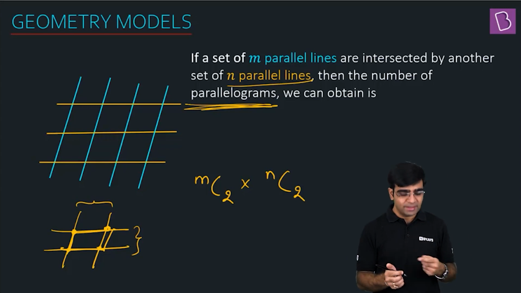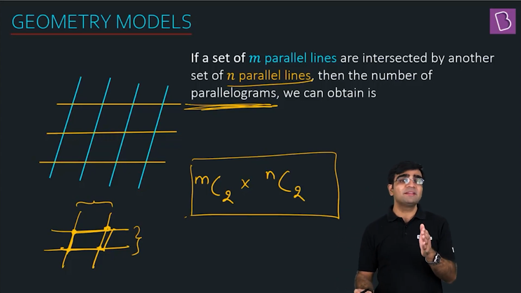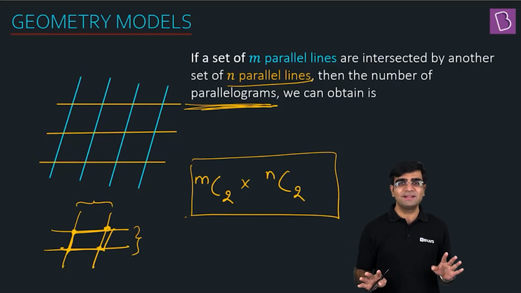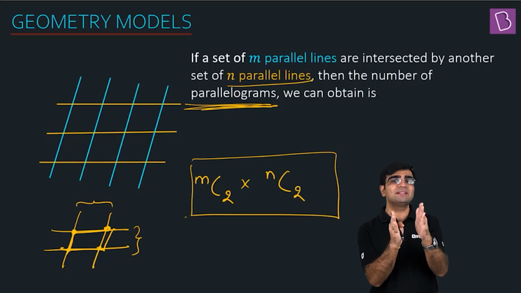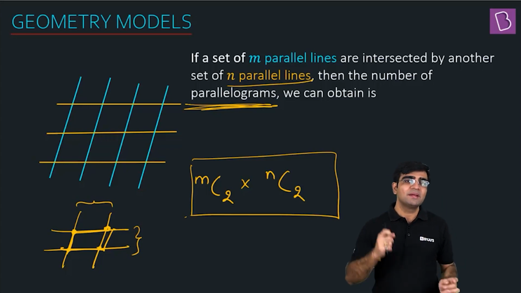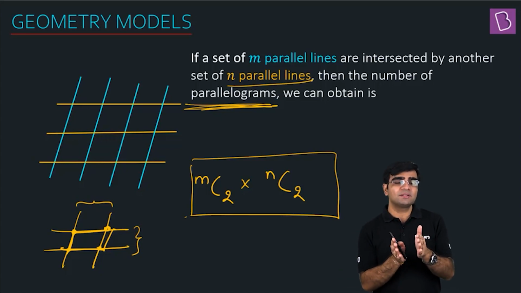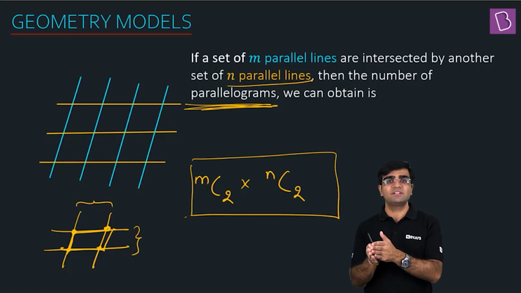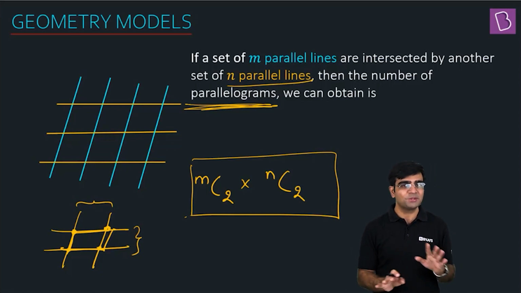So how many parallelograms? mC2 into nC2 will give me the total number of parallelograms: the number of ways in which you can take two parallel sides from one set and two parallel sides from the other set. Sorted? Everyone, please note it down. The moment you have two parallel lines from one set and two from the other set, you'll have one parallelogram. So the total number of parallelograms is the number of ways I can choose two parallel sides from one set, mC2, and in succession two from the other set, nC2. So mC2 into nC2 will give me the answer. Sorted? Okay.